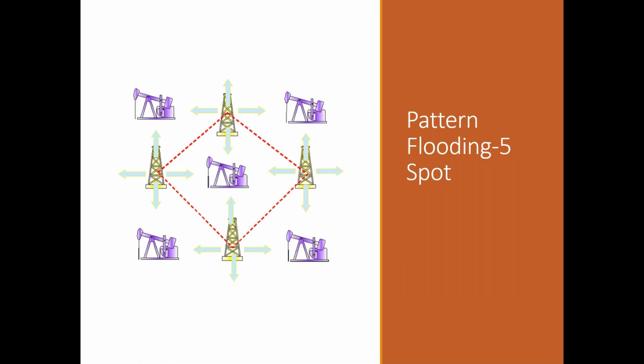Now this is the flooding pattern for the 5 spot pattern. You can see there is a producer in the center, and you are injecting from 4 different corners.